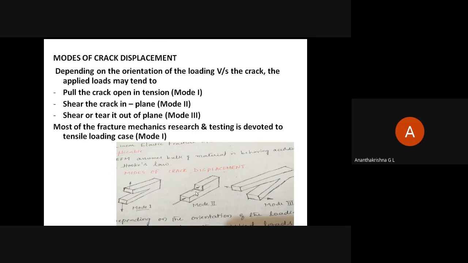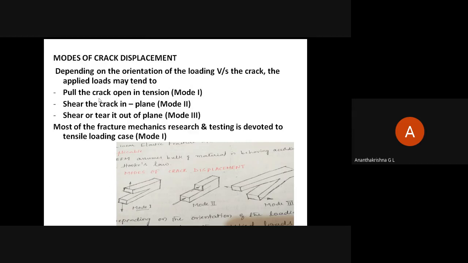But out of these three, the most important, where the maximum work is carried out, is the tensile loading case, that is mode 1 type of crack displacement. All the works are carried out based on the tensile loading case, mode 1. So, three types of crack displacement.